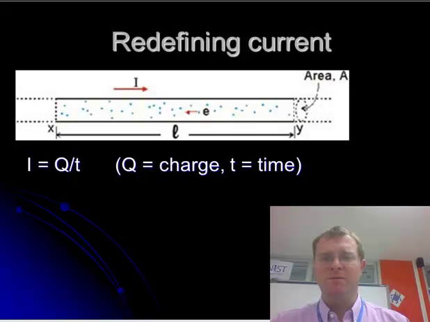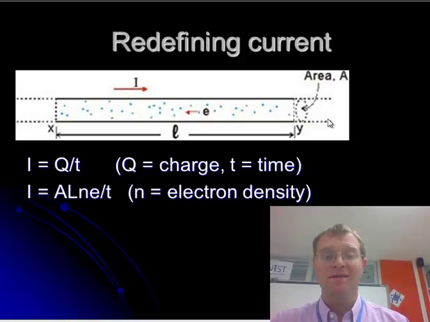Now if I think about this in a little bit more detail, and look at the amount of charge in a certain part of the wire, I recognize that if I know the area and the length of the wire which contains the charge passing through at that moment, and I know the charge density, which is going to be n, in this case the electron density, then I can work out exactly how much charge is in that zone, the zone that's going to pass through in 1 second.